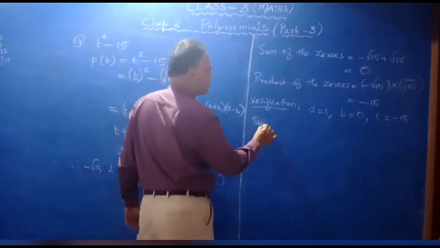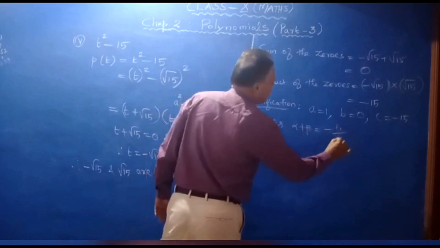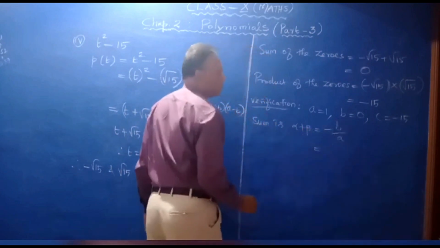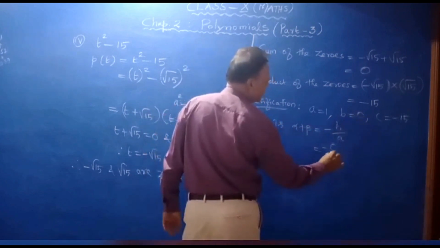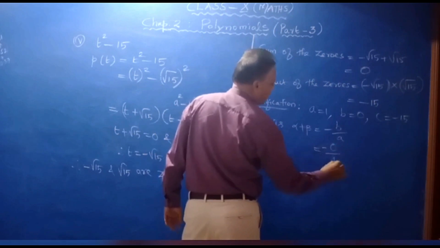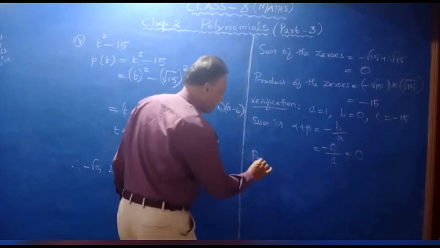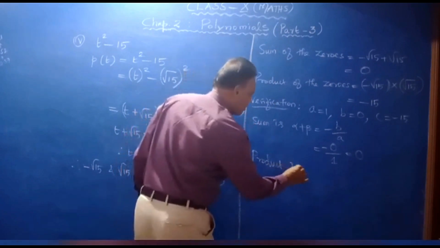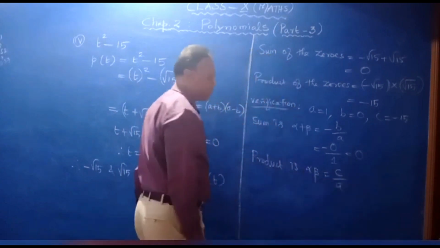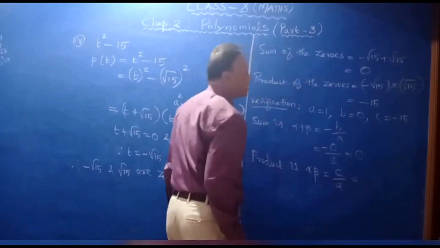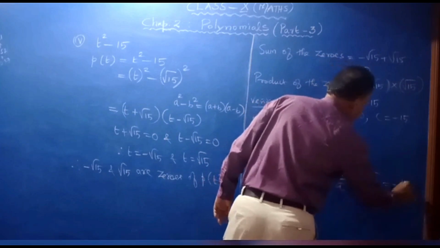Now find the sum: alpha plus beta equal to minus b by a. Minus b is 0, 0 by a, which is 1, so 0 by anything is 0. Then find the product: alpha beta equal to c by a. c is minus 15 by 1, that is minus 15.